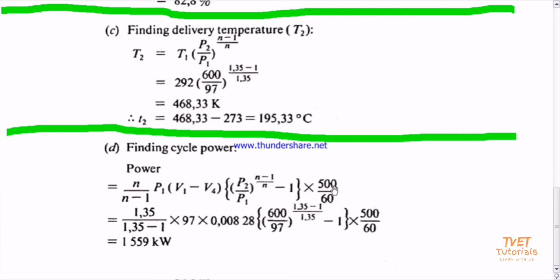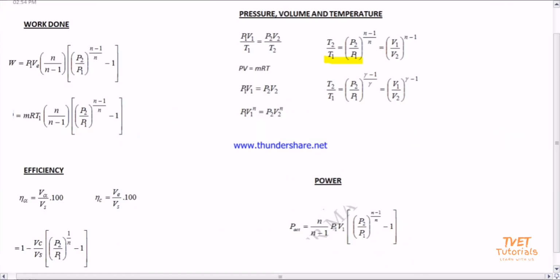If you pay attention here, let me highlight this for you so you can see. They said the cycle power. This formula for power, if you check here, it says the actual power.